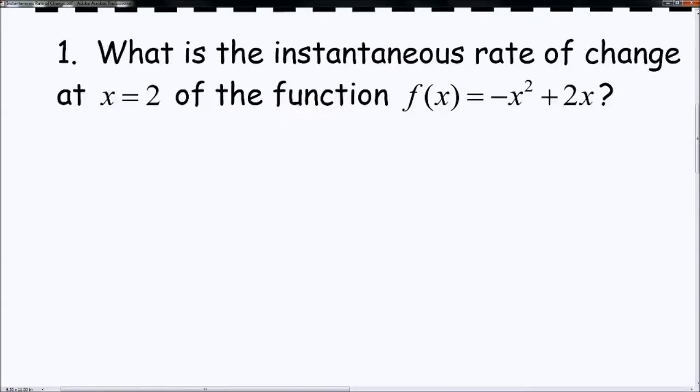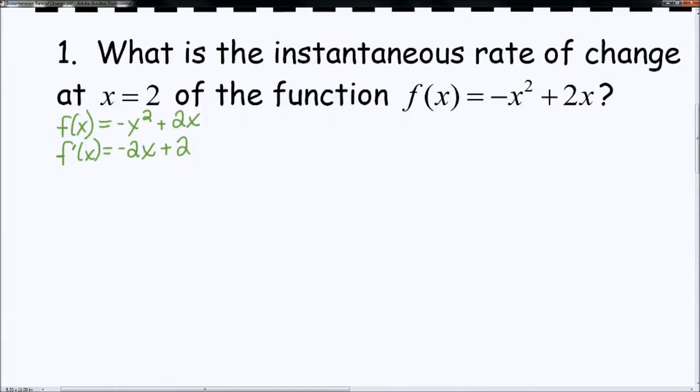Number one, what is the instantaneous rate of change at x equals 2 of the function f of x equals negative x squared plus 2x? The first thing we want to do is use our derivative rules. So f of x is equal to negative x squared plus 2x, and my f prime of x, my derivative, is going to be equal to negative 2x plus 2.